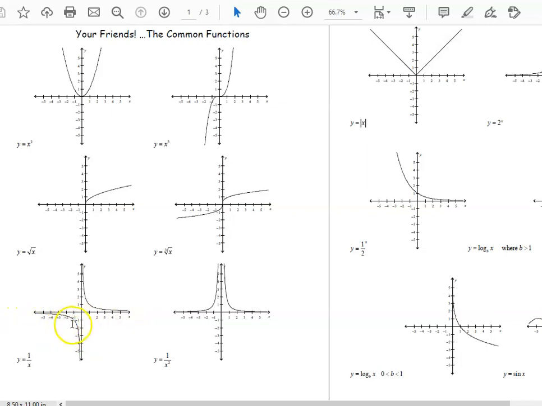Here's symmetry, every point xy has a point negative x negative y, symmetry with respect to the origin. Here's another one, y equals 1 over x squared, that's symmetry with respect to the y-axis. And you notice we won't find any symmetry with respect to the x-axis because they're not then functions. These are common functions. Anyway, that's what you can apply that to for this symmetry.